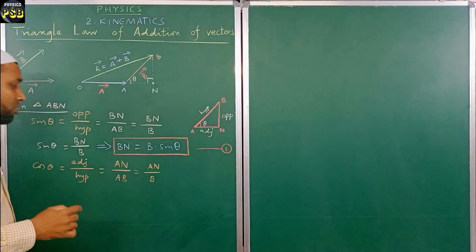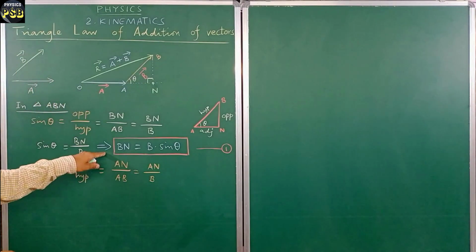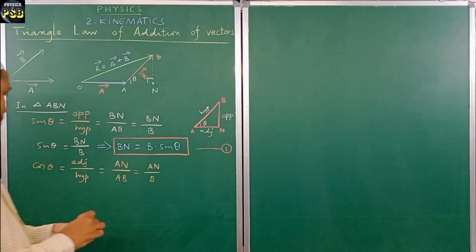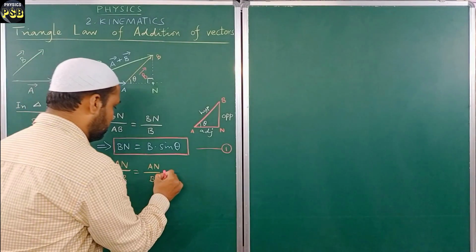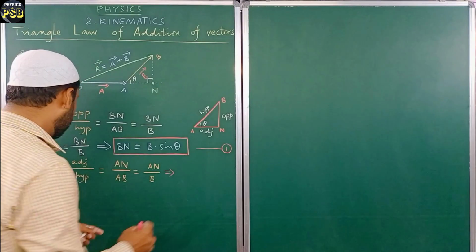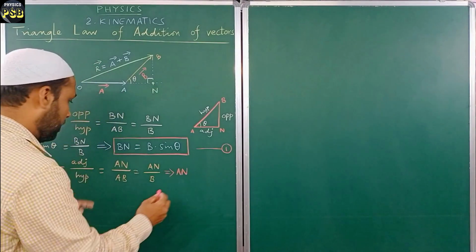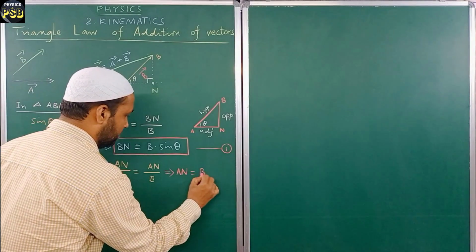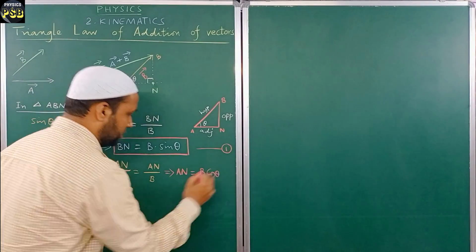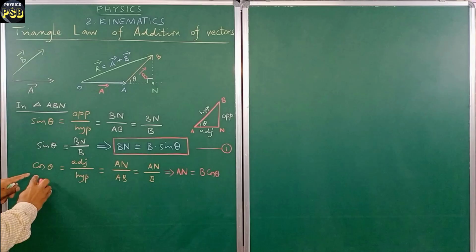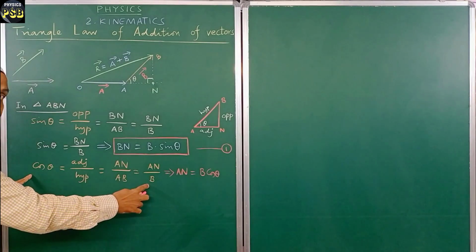Then by following the same method as in the previous step, AN is found to be equal to B cos theta. So here cos theta is equal to AN upon B.